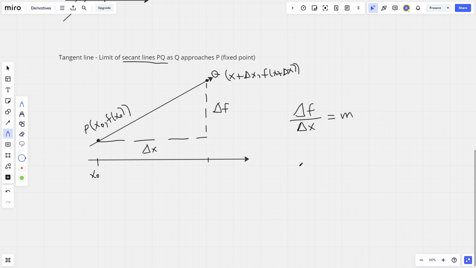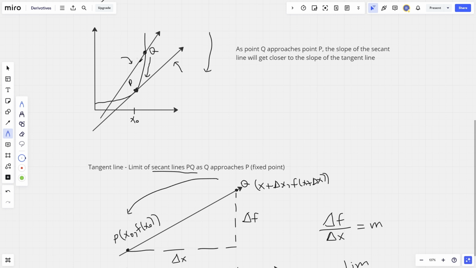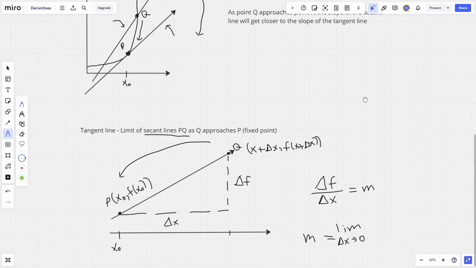So what happens is, as the change in x approaches 0, as delta x gets smaller and smaller, Q will approach P. And eventually, the secant line that we saw before will become the tangent line.